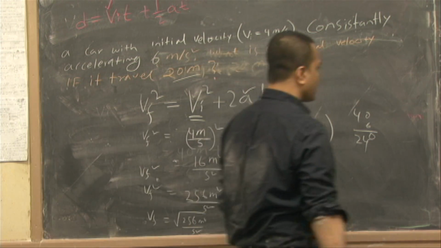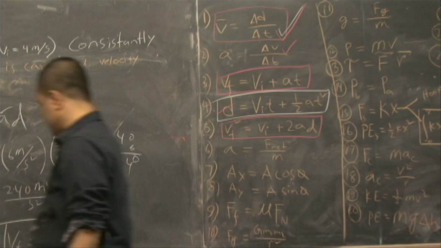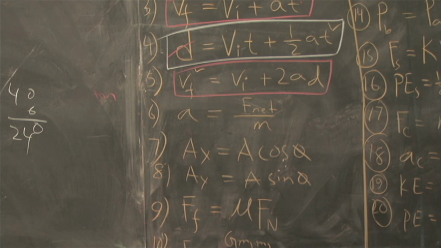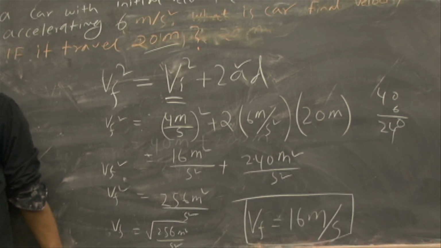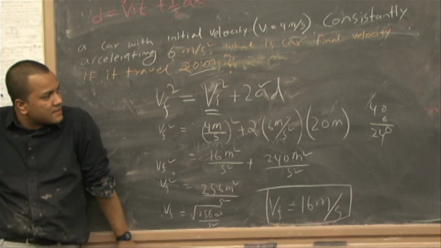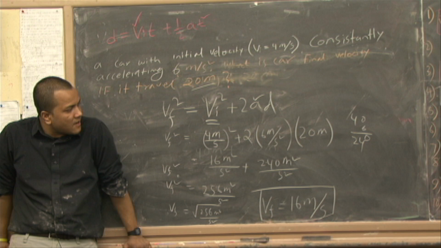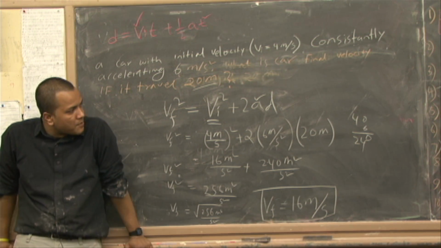So we just finished this one as well. So we are making good progress. I hope you understand. What we are doing is using beautiful physics formulas, mathematical physics laws, to solve the physics problem.